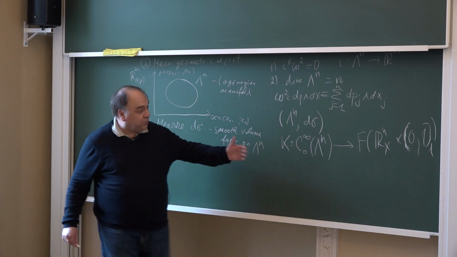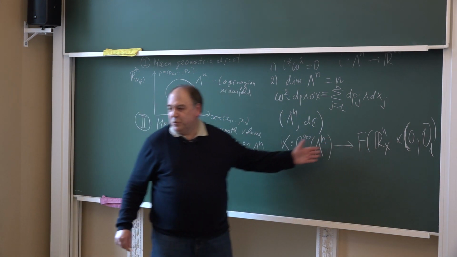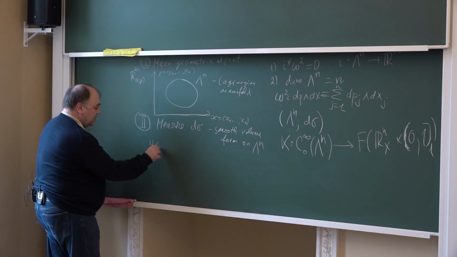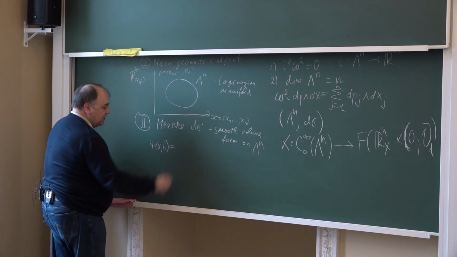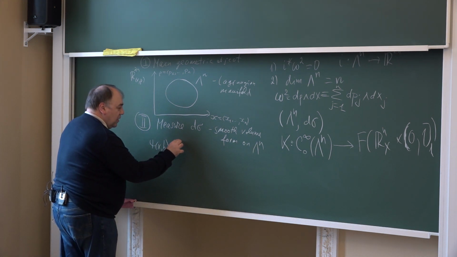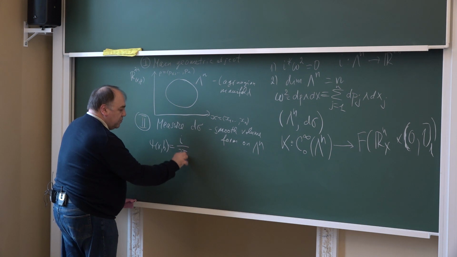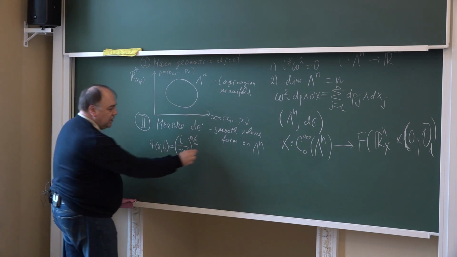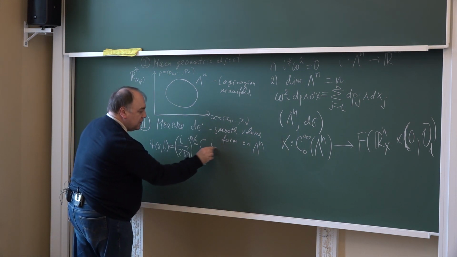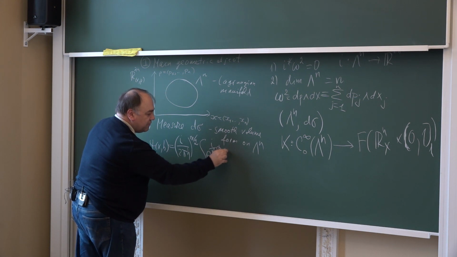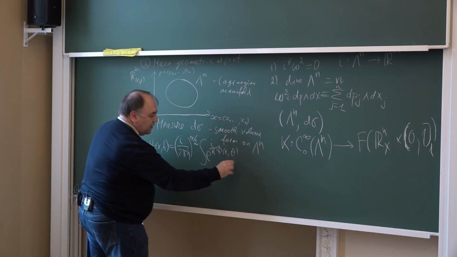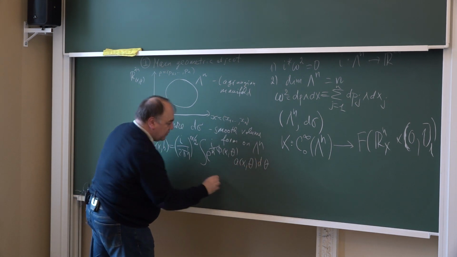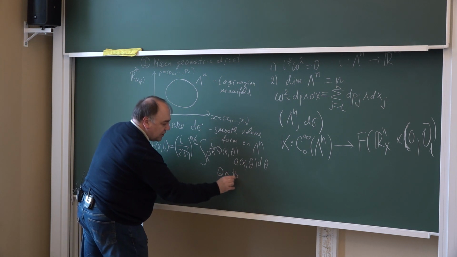The typical formula for a function which is in the range of K: ψ(x,h) is equal to (1/(2πh))^{m/2} times the integral of e^{iφ(x,θ)/h} a(x,θ) dθ, where θ is in R^m.